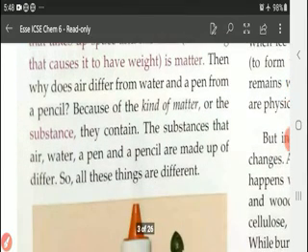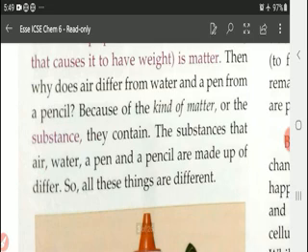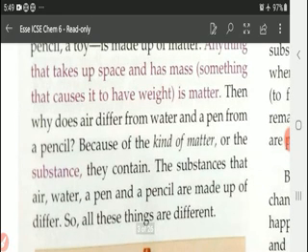The substances that air, water, a pen, a pencil are made up of differ. That is why all these substances which we have discussed here, pen, water, pencil, air, are different.